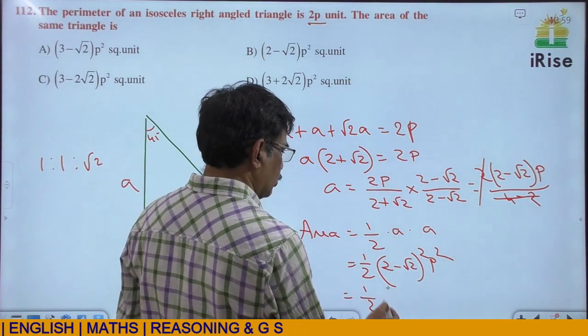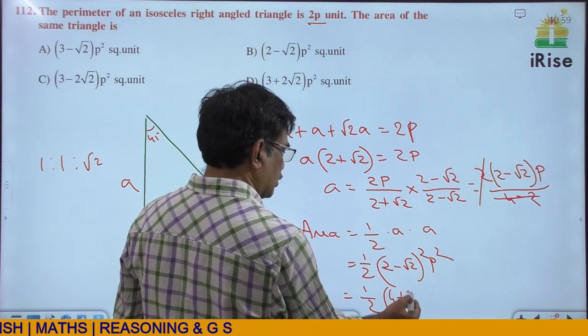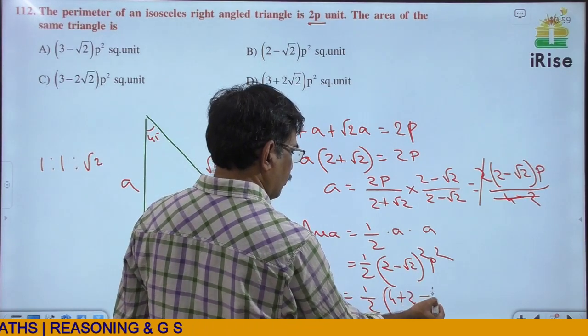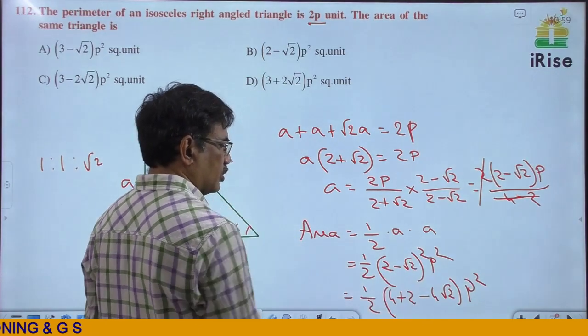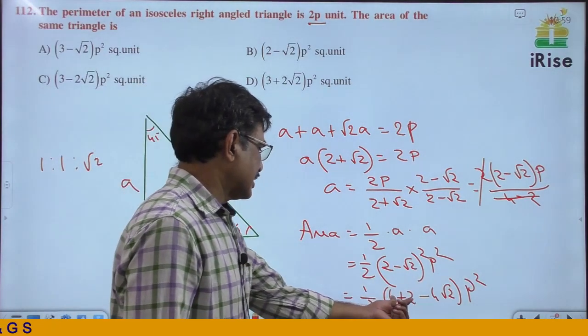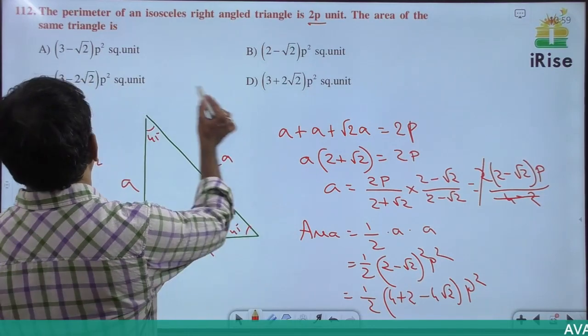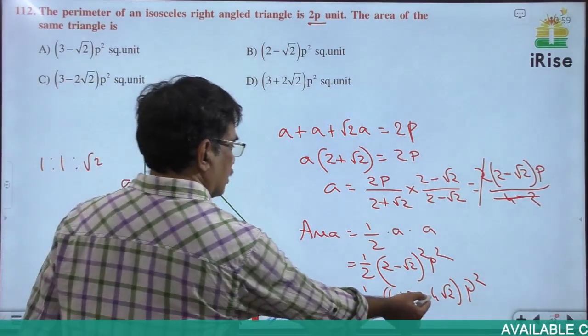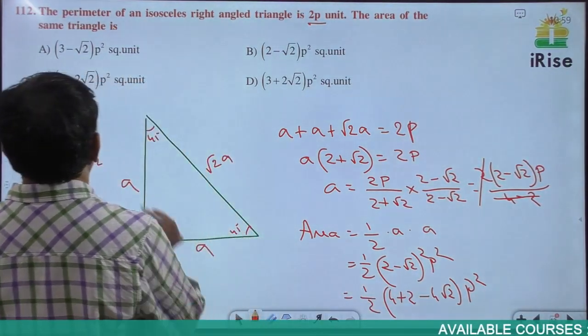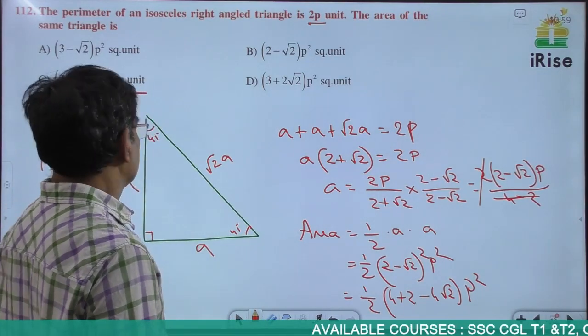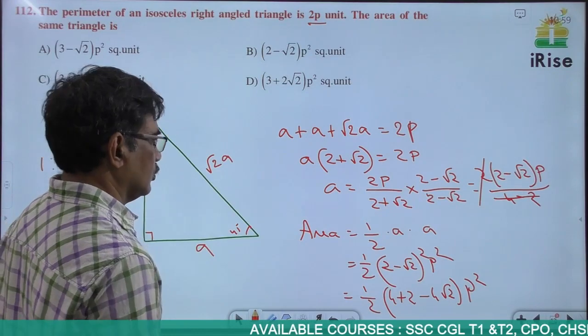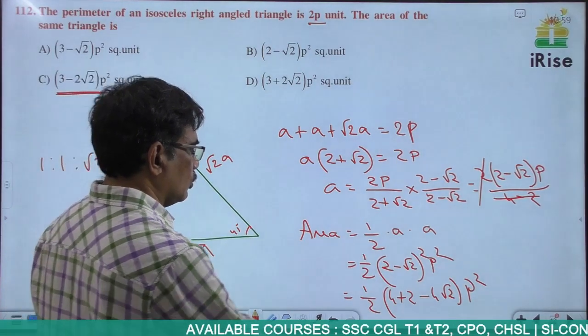This is 1/2 into 4 plus 2 minus 4 root 2 p square, using a square plus b square minus 2ab. This is 6, 6/2 is 3, 4/2 is 2. So 3 minus 2 root 2 p square is the answer. 3 minus 2 root 2 p square.